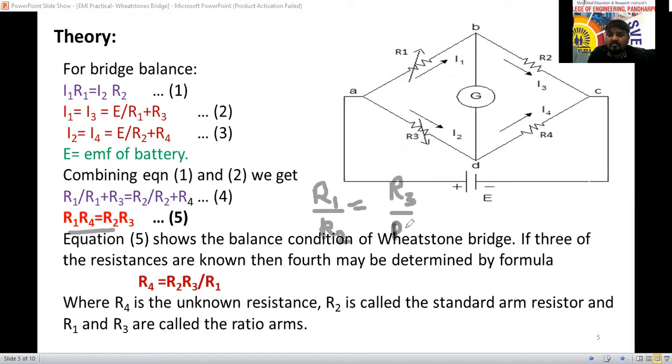This is also a correct answer. You can remember any of the different methods. So for the unknown resistance formula, all of you note down this formula: R4 equal to R2 R3 divided by R1.